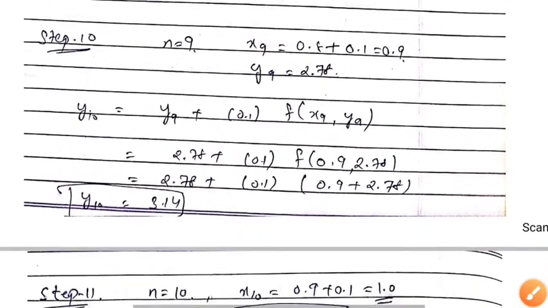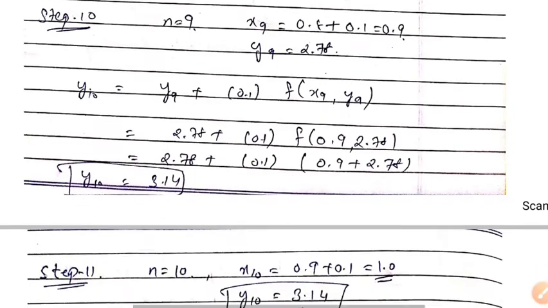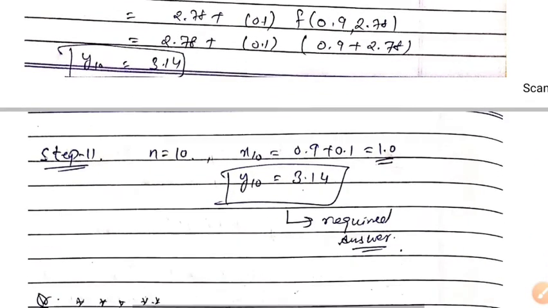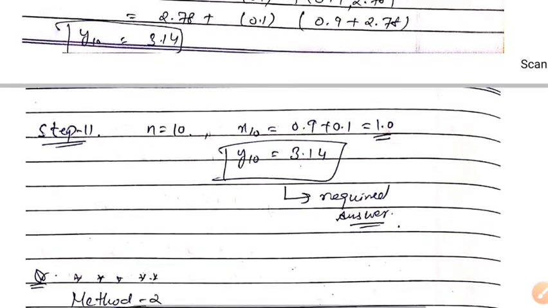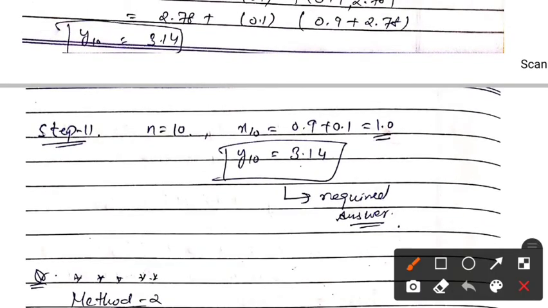Similarly, we will solve for step 10 and your step 11 will be your last point. See, in step 10 you are getting y10 as 3.14, and when you go towards step 11, we are putting n equal to 10. So putting n equal to 10, you get x10 equal to 1, and you are already having your y10.